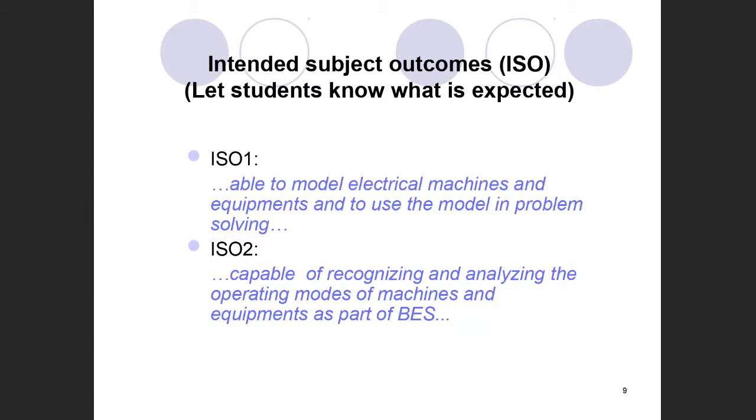Once you have the equivalent circuit, you can describe the machines with different electric parameters, such as voltage, current, and impedance, including the capacitance, inductance, and resistance.